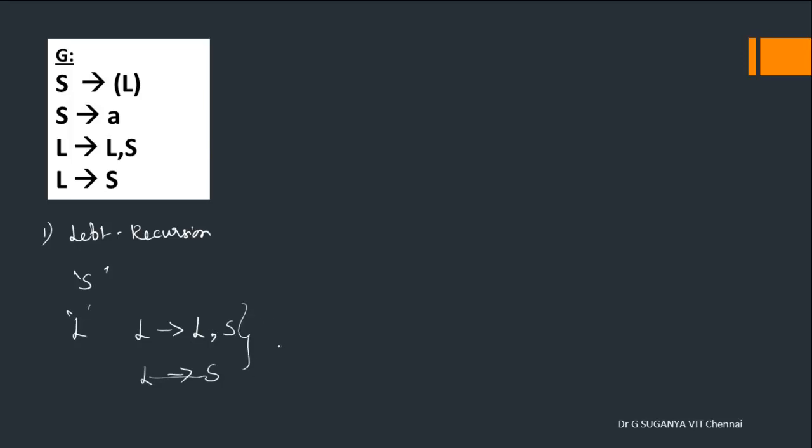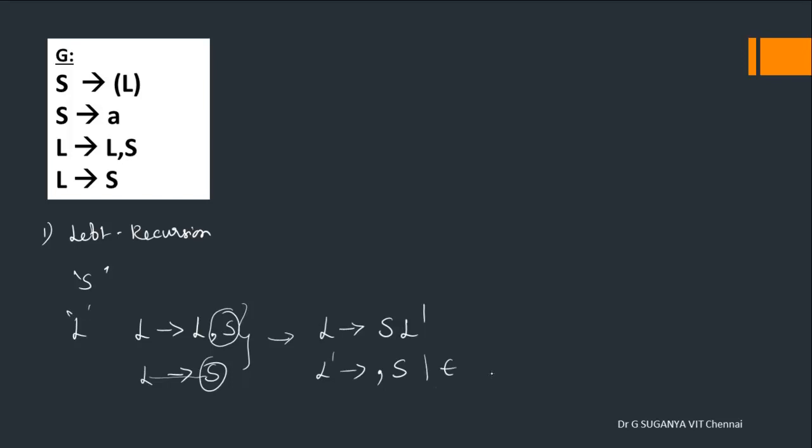So these statements should be converted to statements of this kind. L gives S L dash. How come S? It is the alternate that doesn't start with the same non-terminal. Now L dash gives the rest of the part without this capital L, which is comma S, or epsilon.